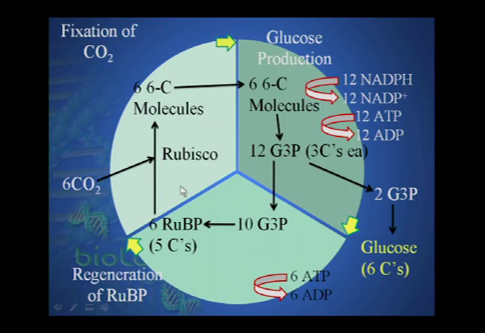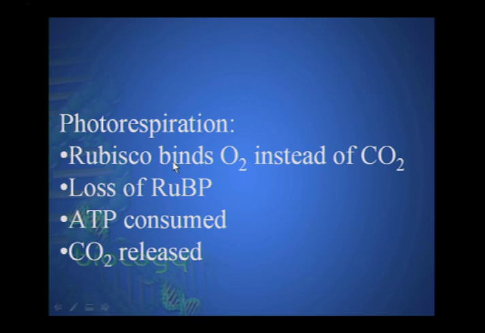And the reason that that is important is that rubisco is a very inefficient enzyme. If we go back to the dark reaction, as I mentioned before, a typical enzyme will carry out about 30,000 reactions per second. Rubisco only carries out 2 to 3 reactions per second. Also, it will bind oxygen over carbon dioxide if it's available. And the problem with that is that if rubisco binds oxygen instead of CO2, it triggers this process known as photorespiration.